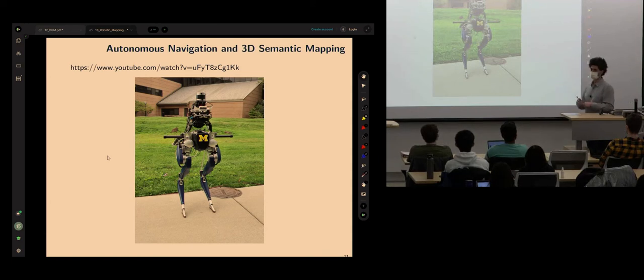Then we use that extrinsic transformation to map points to the camera frame. Then we use the camera projection model to map the LiDAR point to the image, and then we read the label on the image. Then we end up with a 3D labeled point cloud from LiDAR. And that's how we built this map. We could use an RGBD camera as well, but that's not very good for outdoors. We've done that. It won't be as good as LiDAR, of course.